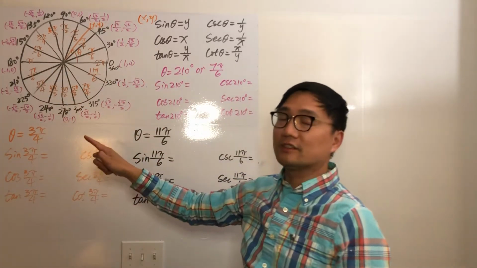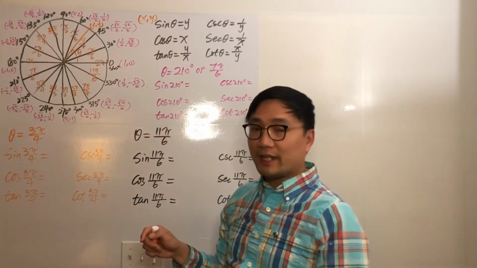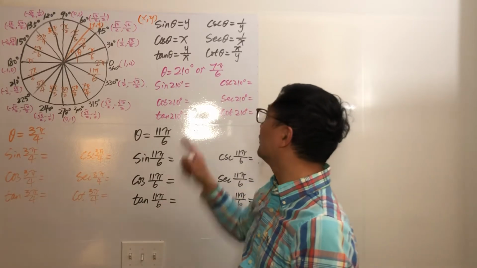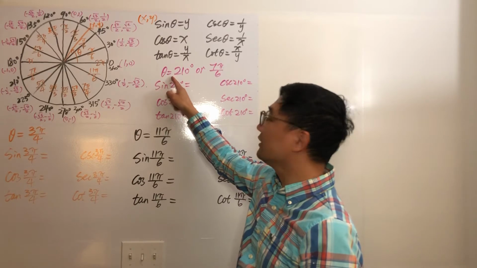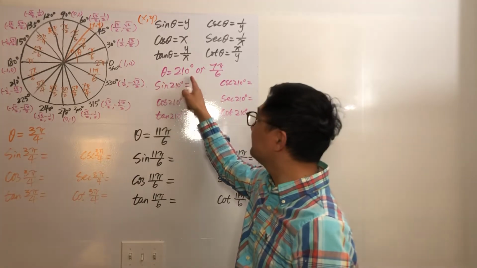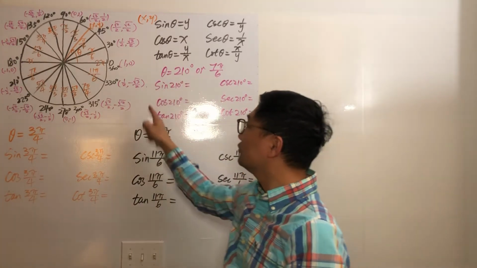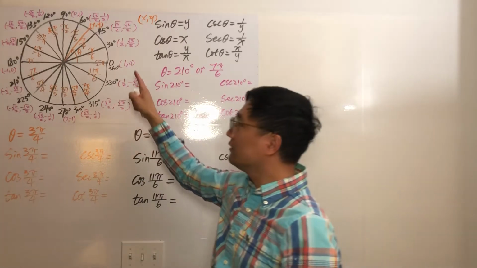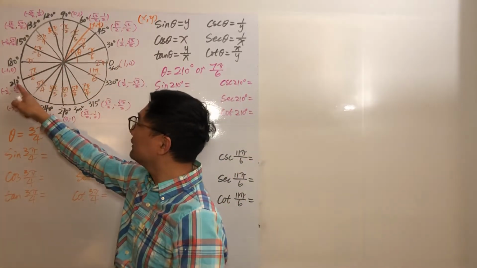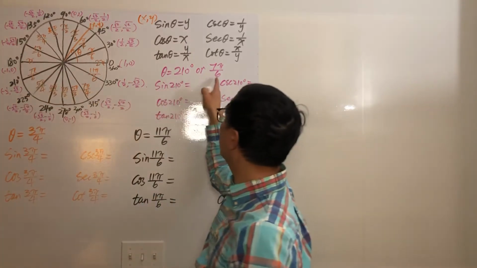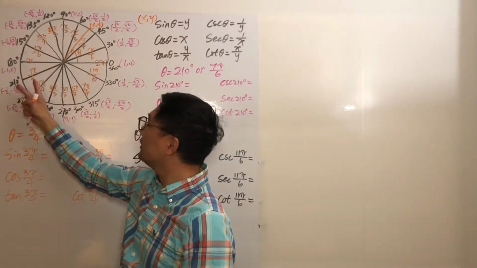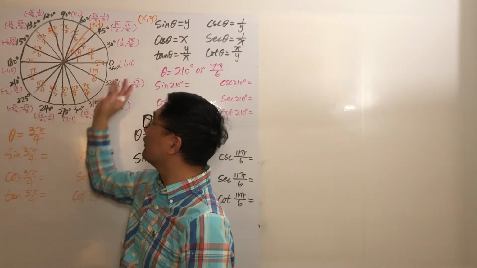After you find the angle on the unit circle, you have to find the coordinate of this angle. So where is 210 degrees? It should be here, right? And this is also 7 pi over 6. These two angles, in degrees and radians, are both on the unit circle.